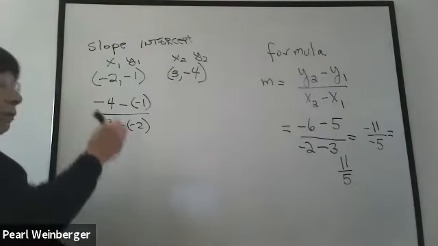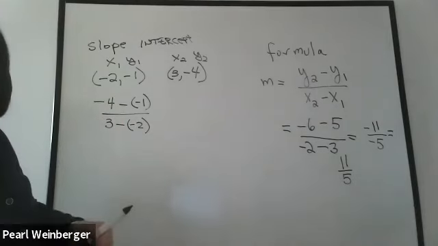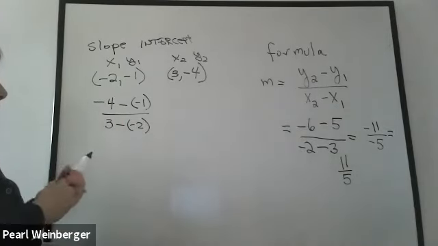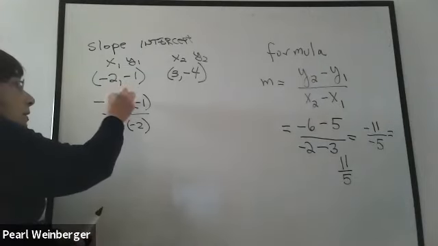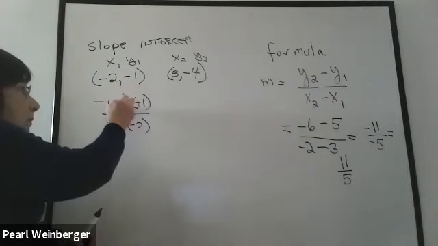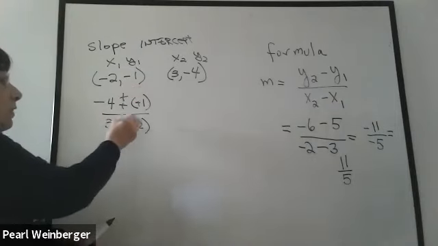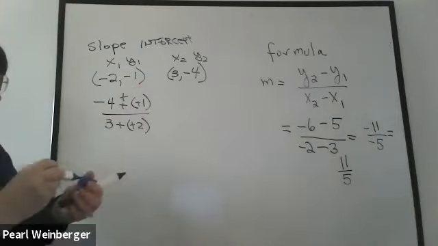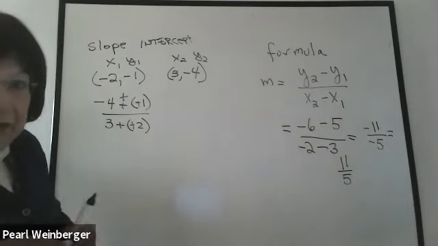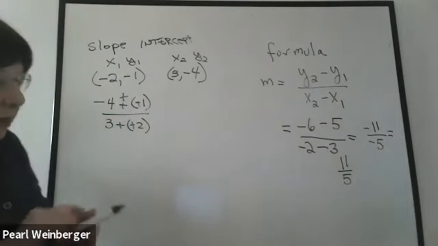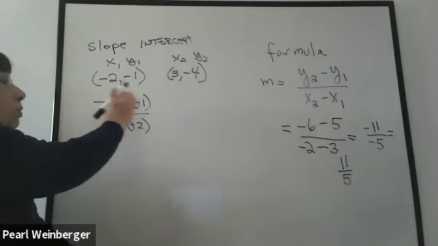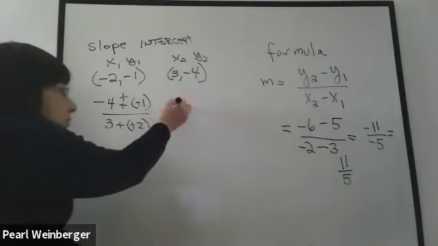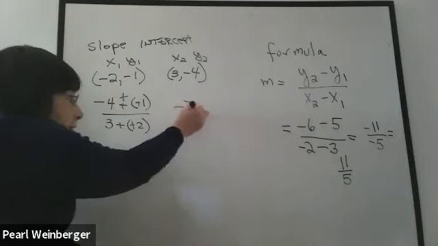Now remember, when you have 2 negatives, 2 negatives become a positive. This becomes a positive. The same thing over here, a negative with a negative. When you multiply a negative by a negative, you get a positive. So this is actually -4 plus 1, which is -3.